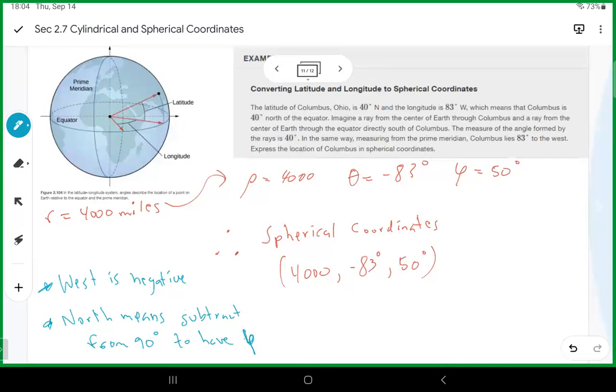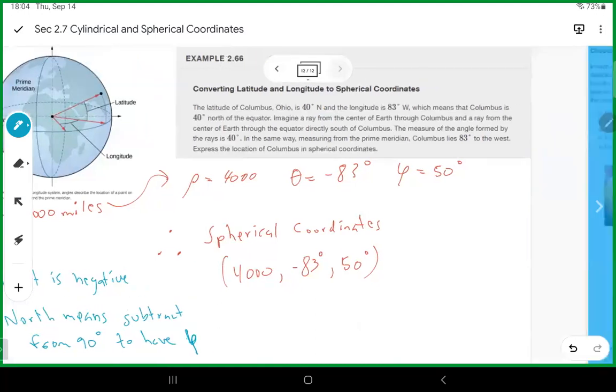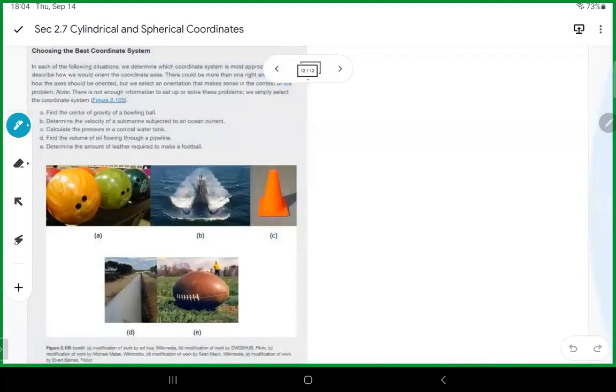All right. So 12 looks like it's really big. Okay. So we'll probably talk about this more than just having me throw a bunch of paragraphs at you. So it says, in each of the following situations, we determine which coordinate system is appropriate and describe how we would orient the coordinate axes.